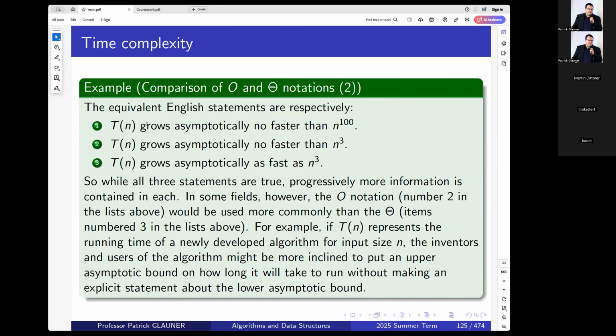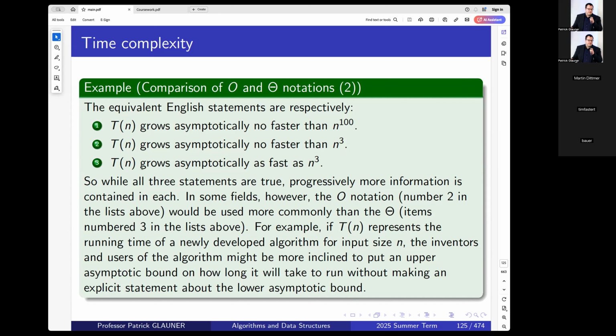Because what it says is, with our O of n to the 100, we say that T of n grows asymptotically no faster than n to the 100. N to the 100 is an upper boundary, given the constants and the n0. N to the third is also an upper boundary. And we say that T of n still does not grow asymptotically faster than n to the third.